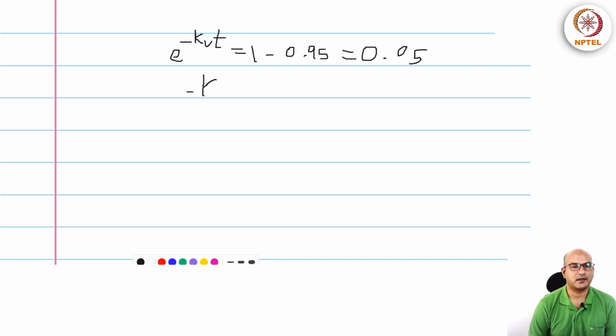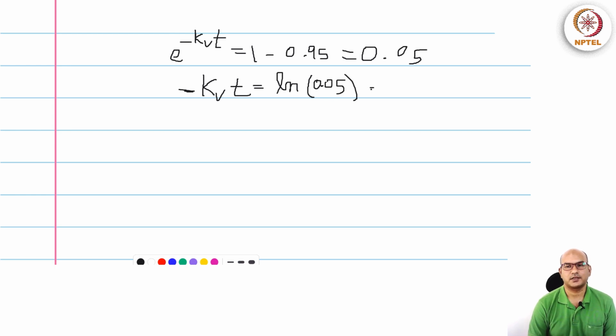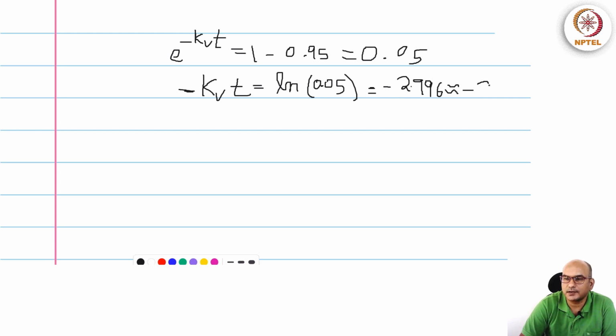So minus kVt will be equal to ln of 0.05. ln of 0.05 is approximately minus 2.996, so we will just approximate it as minus 3. So t is equal to minus 3 by minus kV.